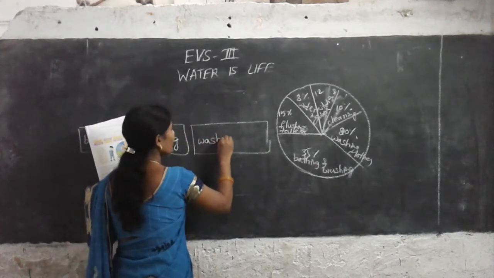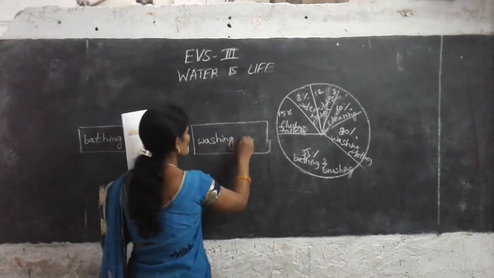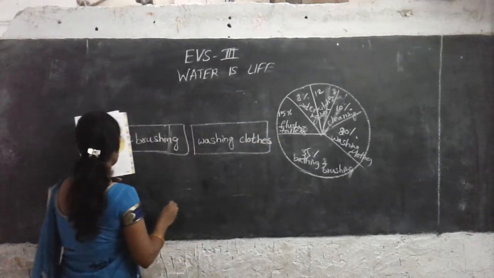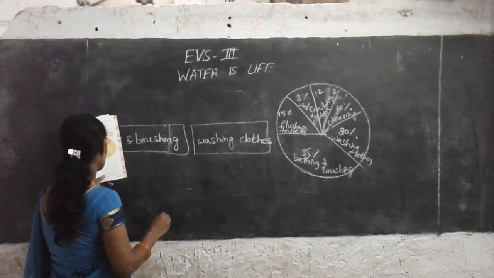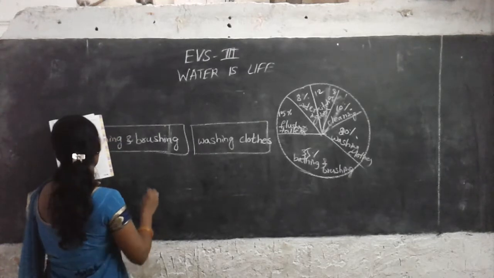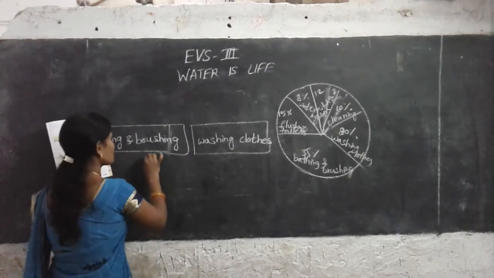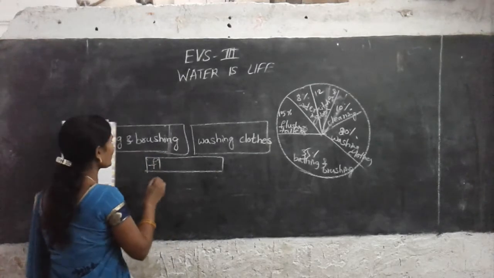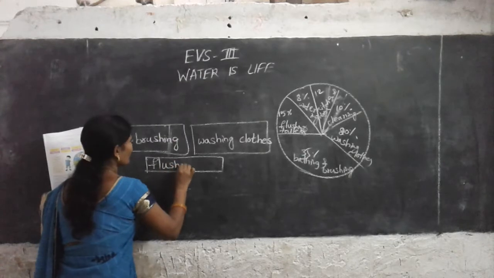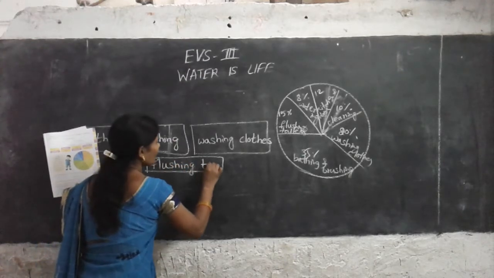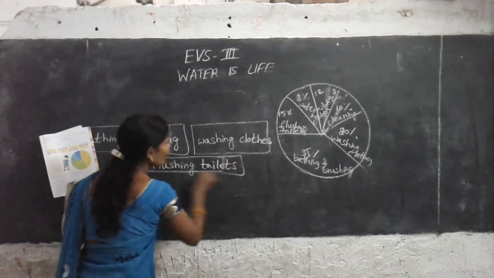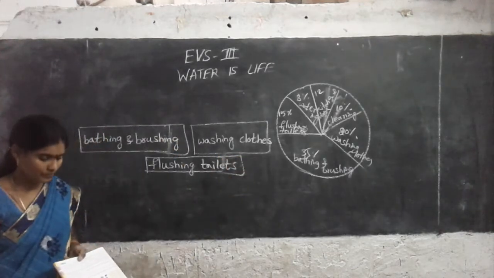We are using 20% of water in washing clothes. Next, flushing toilets. 15% of water is used for flushing toilets. Even by going to the toilet we are wasting this 15% of water. Flushing toilets. Write down.